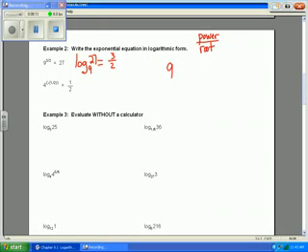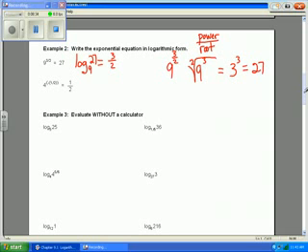So if we have 9 to the 3/2, the 3 is our power and the root is our square root. And so I would make it smaller first. So I would take the root first, and the square root of 9 is 3, and then raise it to the power, and that's how you get 27.